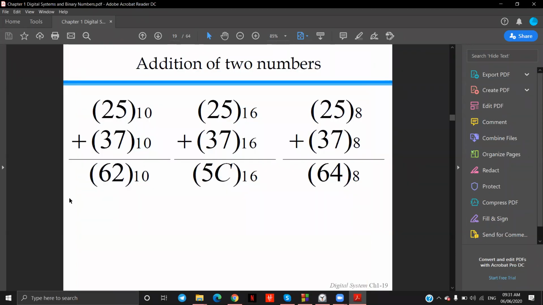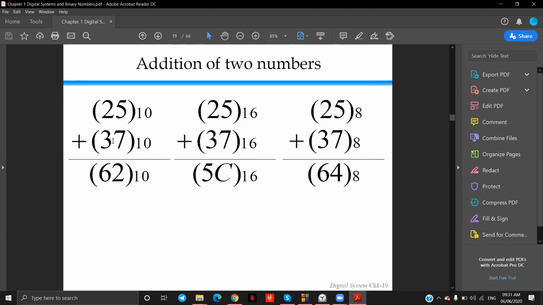So how will we add two numbers in different number systems? We know the addition of the decimal number system very well because we use it in our daily life. But computers use the binary number system, and they also use hexadecimal and octal number systems.